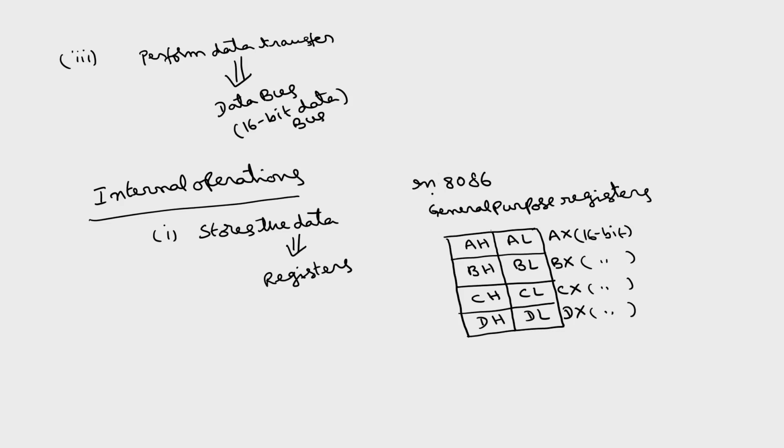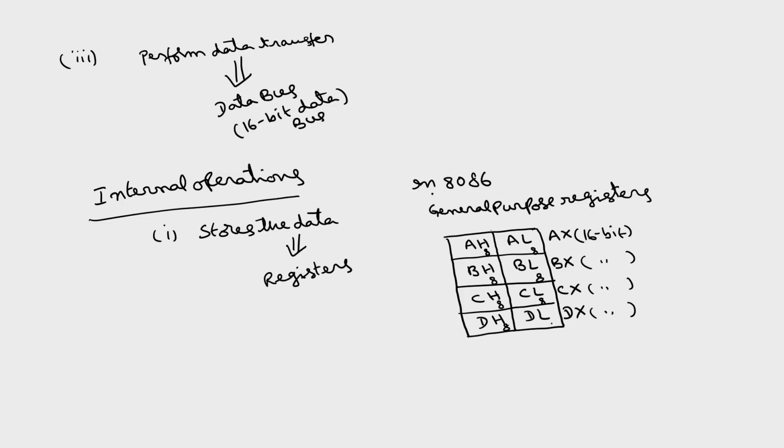In this, AH is the higher order 8 bits. Each one here is 8 bit. The higher order 8 bits of the AX will be stored in AH, the lower order 8 bits will be in AL. Similarly, higher order 8 bits of BX is in BH, lower order will be in BL. The higher order 8 bits of CX is in CH and lower order will be in CL.